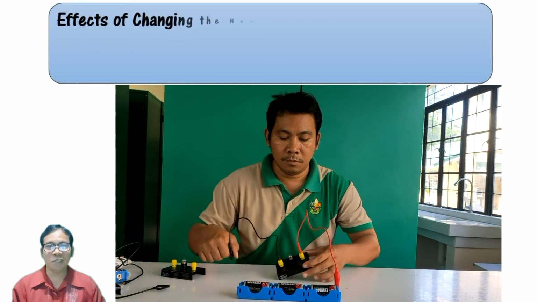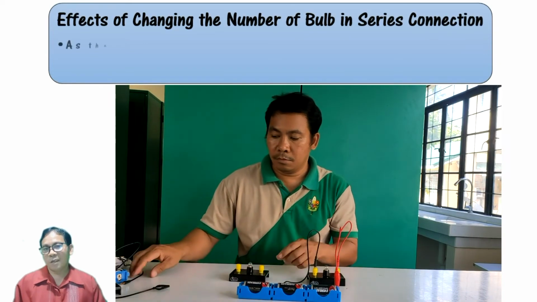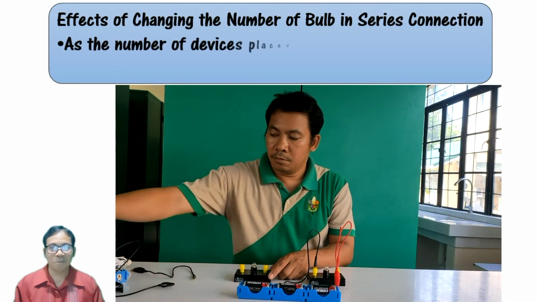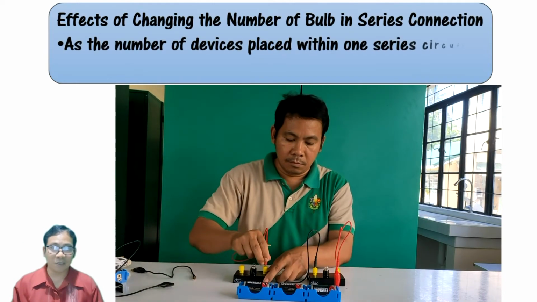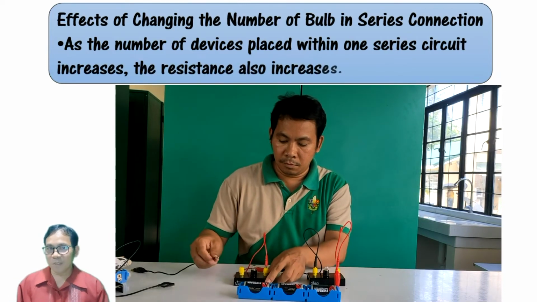Effect of changing the number of bulbs in series connection. As the number of devices placed within one series circuit increases, the resistance also increases.